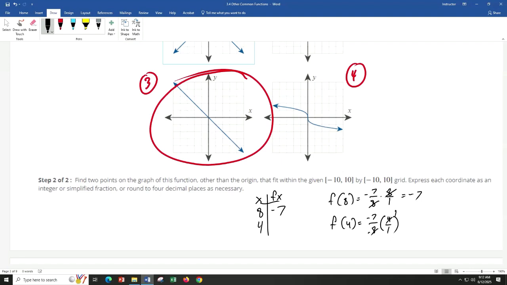That goes to a 1, that goes to a 2. That gives me negative 7 over 2, which just turns into negative 3.5. And there's 2 points.